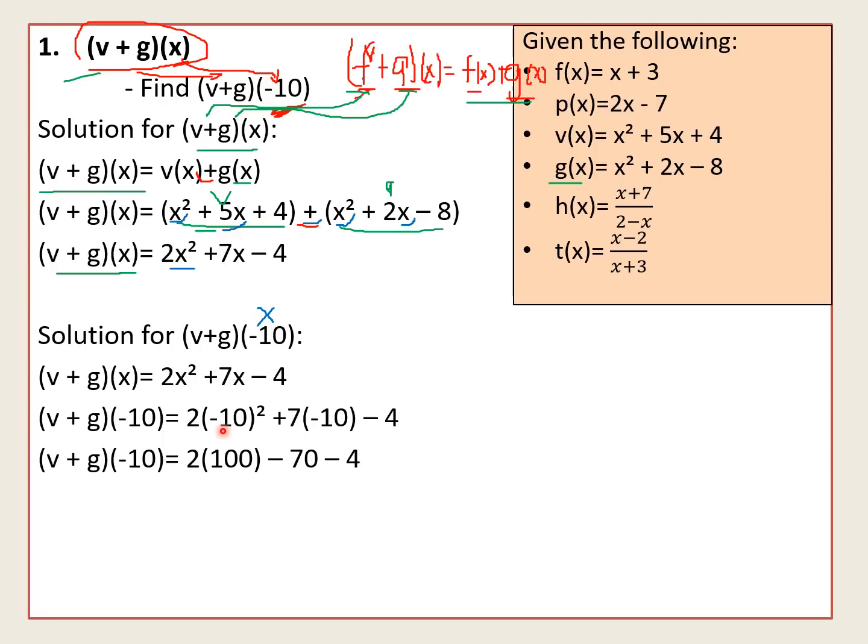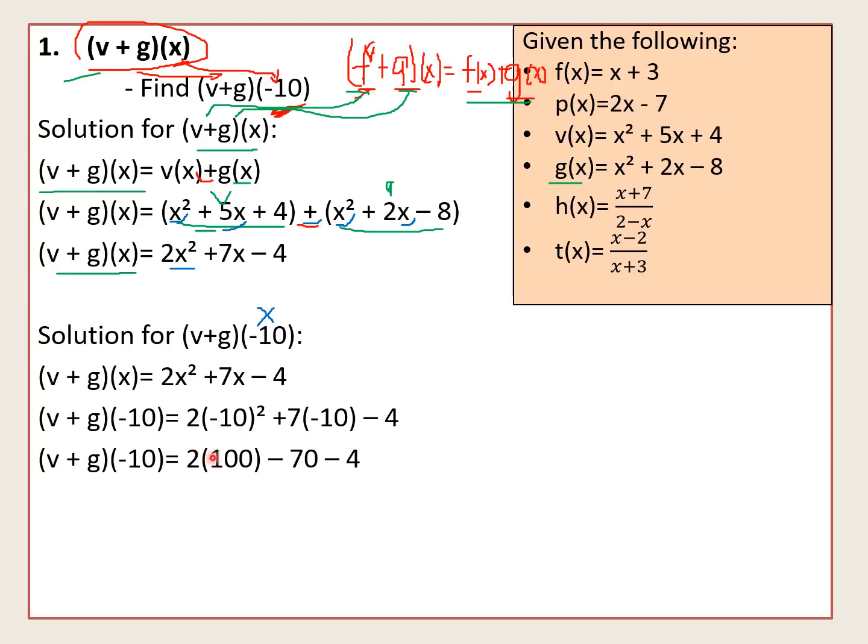PEMDAS always. Okay. So, everything inside the parentheses first. Copy-paste this first. f plus g of negative 10, which is equal to what? Let's do this first. Negative 10 squared is positive 100. Okay? Then, multiply by 2.